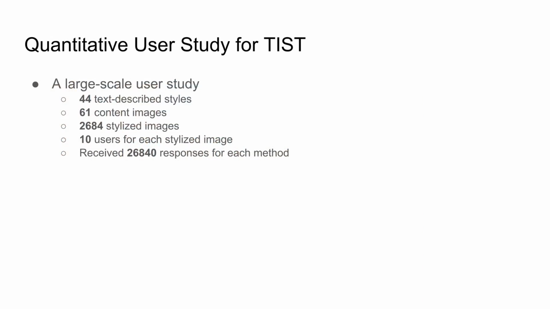We also conducted a large-scale user study on the TIST task. In this study, we utilized 44 text-described styles and 61 content images, generating a total of 2,684 stylized images. We asked 10 different users to evaluate each stylized image, resulting in 26,840 individual responses for each method.